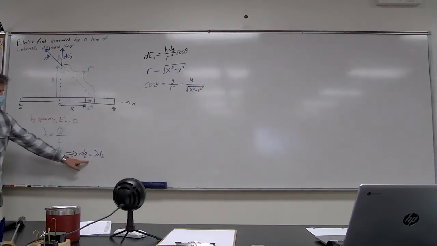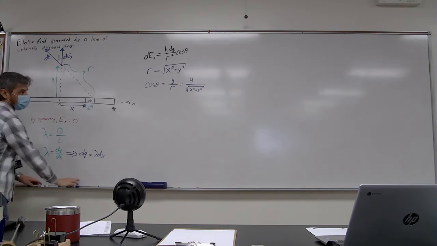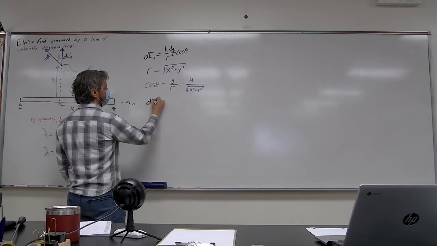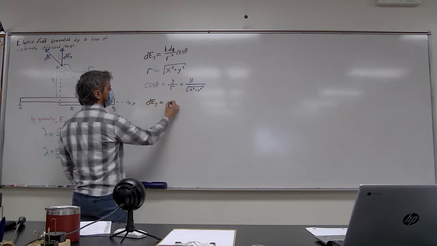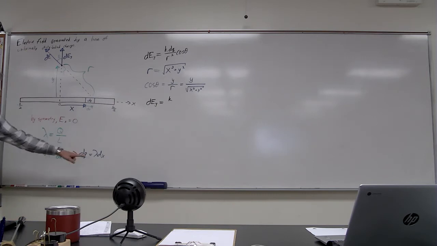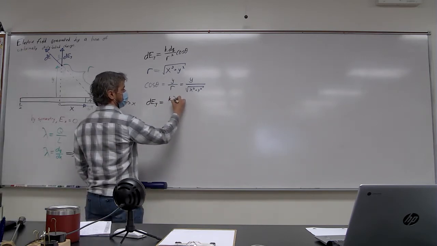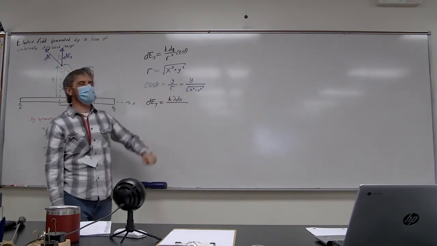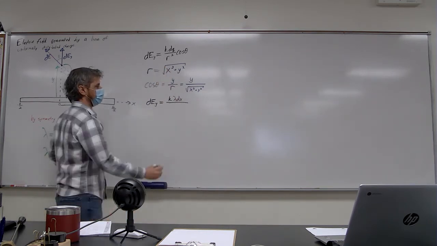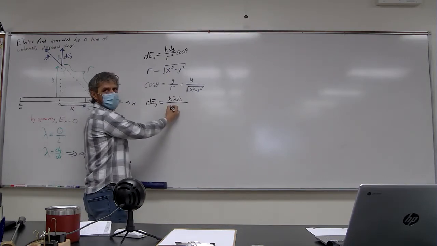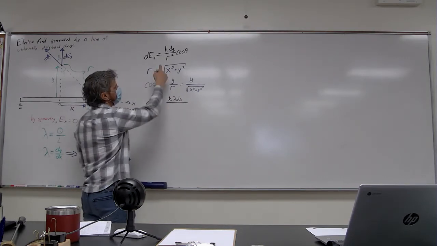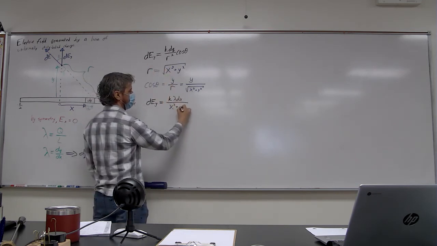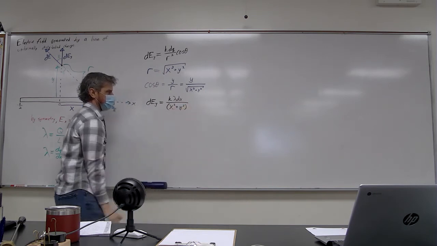And again, we got this substitution here too that we need to make. So throwing all that in there, I get that the differential electric field in the y direction will be k times dq, which I replace with lambda dx, over r squared. Now, if r is the square root of x squared plus y squared, what's r squared? It's just x squared plus y squared, right? Now we are going to be multiplying this by something, so I'm going to put that in parentheses.